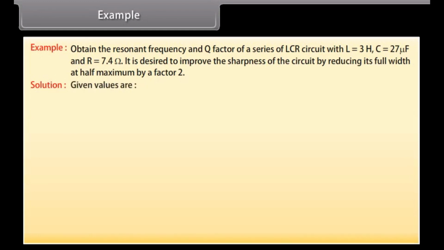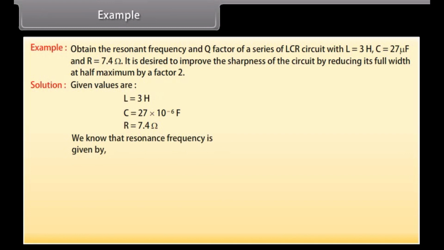Given values are L equal to 3 henry, C equal to 27 into 10 raised to the power minus 6 farad, R equal to 7.4 ohm. We know that resonance frequency is given by 1 upon under root LC.